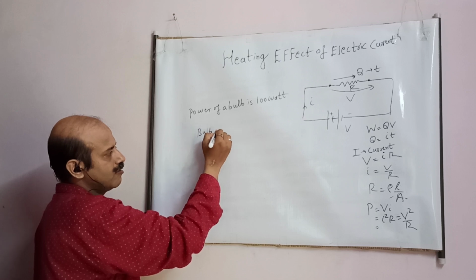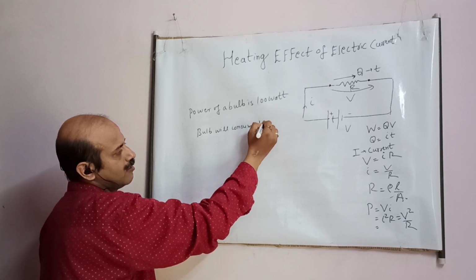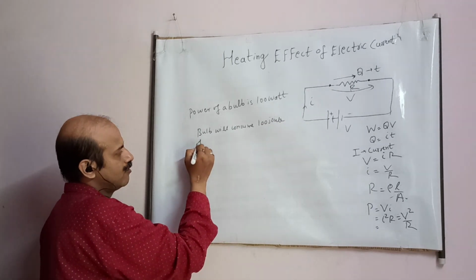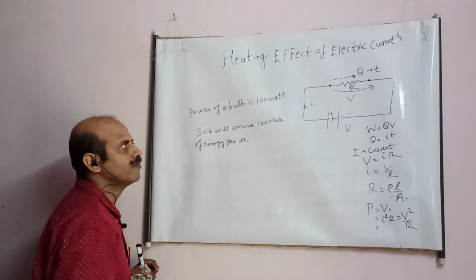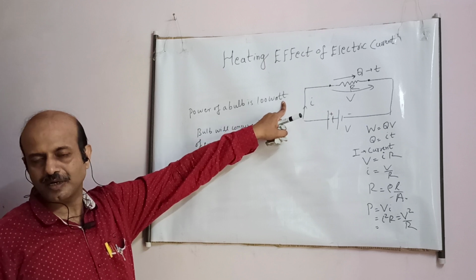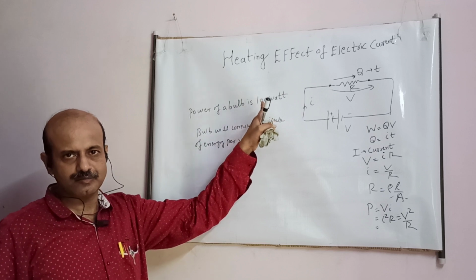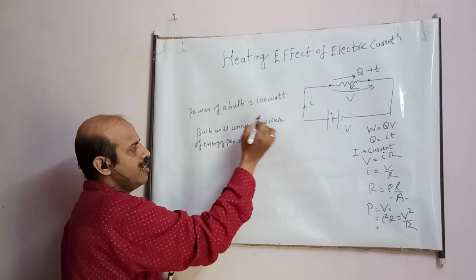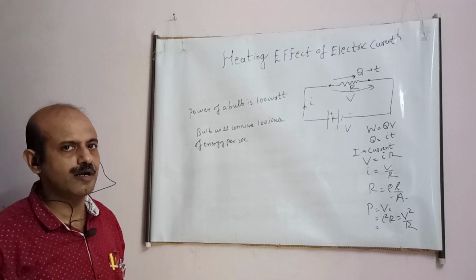This means the bulb will consume 100 joule of energy per second. Actually full data is not there. One voltage is also given, student, that will come in another topic. Now I am just saying the meaning of this. When voltage comes with this, I will explain the meaning of that also. But now you just understand the basic meaning. 100 joule of energy per second the bulb is going to consume, student. This is the meaning of 100 watt.